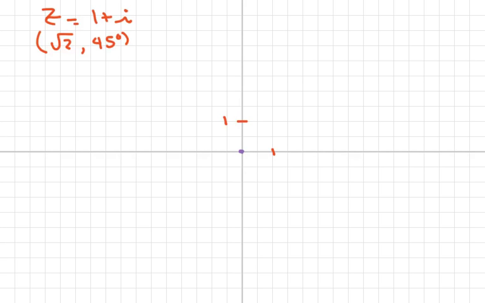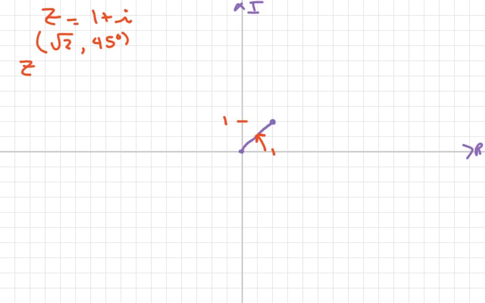Here's your pole, you go up here, and there's your end. This is your imaginary axis, and this is your real axis. And then you just draw it, you can just do this if you want. But there it is.